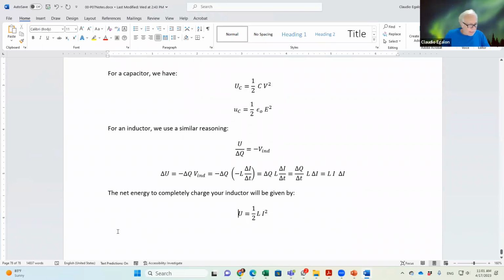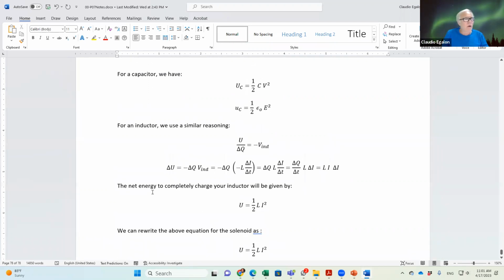We can here write the above equation for the solenoid as what?